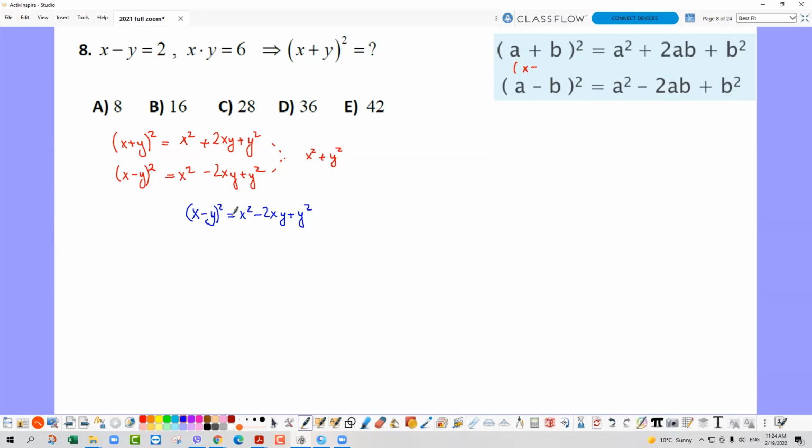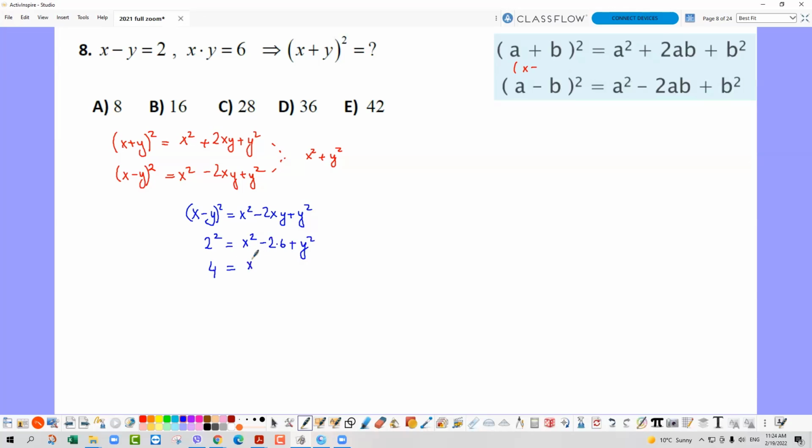Let's replace the known values. x minus y is equal to 2, so this is 2 squared. x squared plus y squared, I said I don't know the value of it, but I can write it like this: x squared minus 2 times x times y, which is mentioned to be 6, plus y squared. So 2 squared is going to be equal to 4.